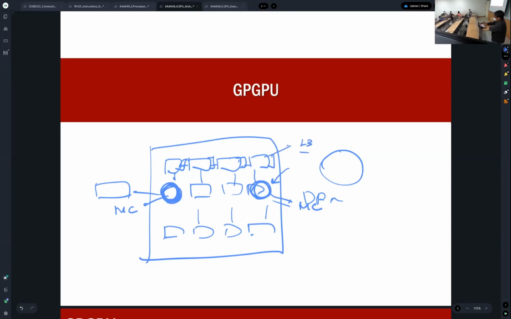The L3 cache is the shared cache, and these L3 caches are attached to each node of the multi-core and shared via the mesh type interconnection network. That's how multi-cores are designed in the CPU domain.